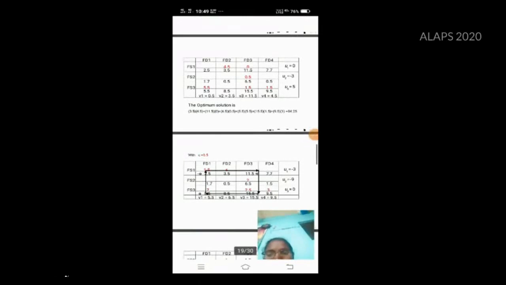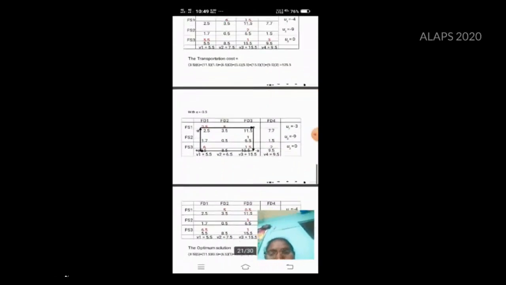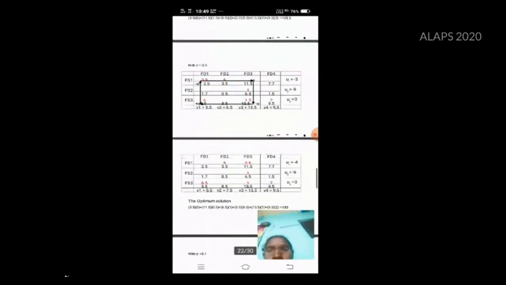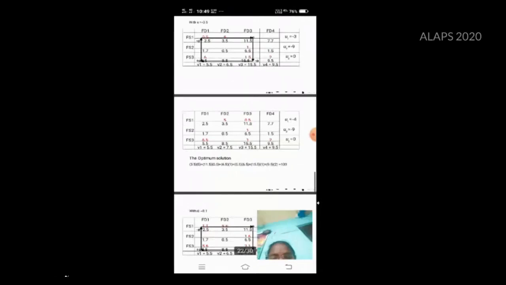Now with epsilon equal to 0.5, add the basic cells, and after the calculations, the optimum solution is 125.5. With epsilon equal to minus 0.5, add the basic cells, and from the calculations of the transportation table we can solve the optimum solution.